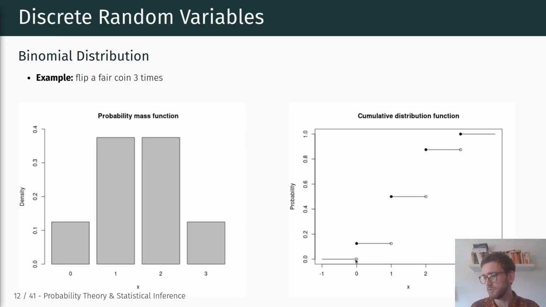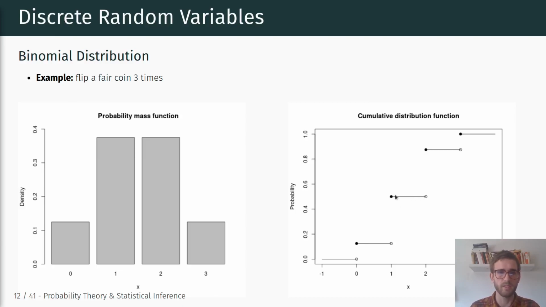So for x being equal to 0, the probability is something lower than 0.1, and then for x being smaller than 1, we have a probability of, I don't know what that is, 0.155 or something like that.